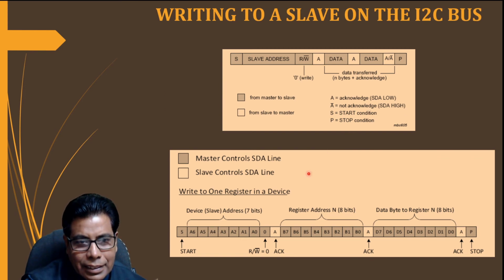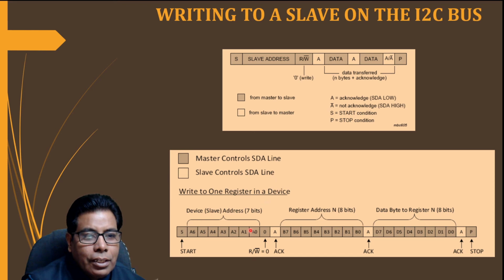So here in the second figure, we are again writing the data to the slave. Here we are just giving the details of the address.